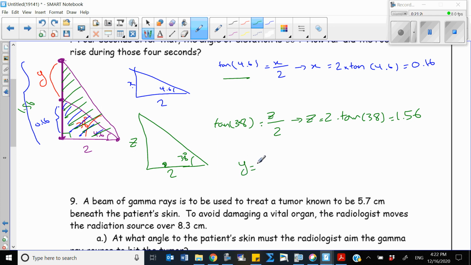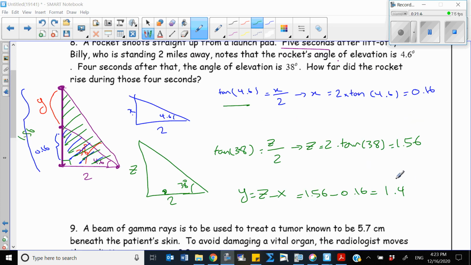So y will be z minus x, which is 1.56 minus 0.16, and it's equal to 1.4. And this is my answer.